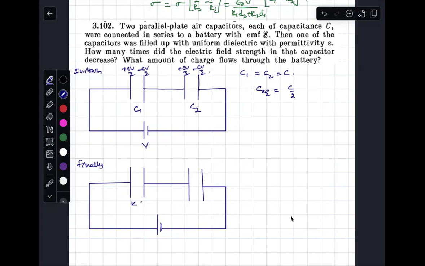Now, this will become KC and this is C. What is the meaning of epsilon?